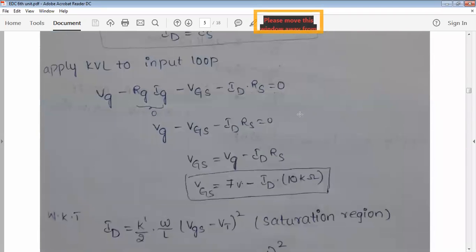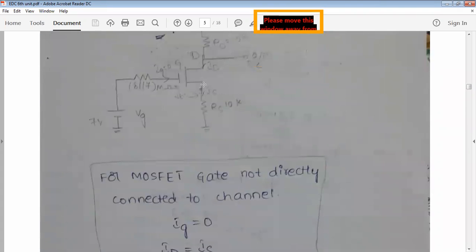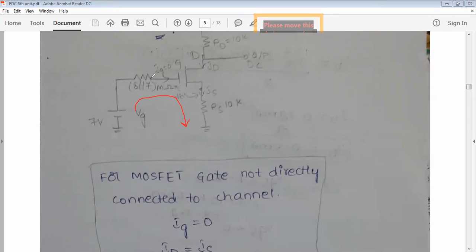The first one is apply KVL to the input loop. Okay, remember this circuit. This is the circuit. Apply KVL to the input loop. What is the KVL here? VG minus RG into IG minus VGS.